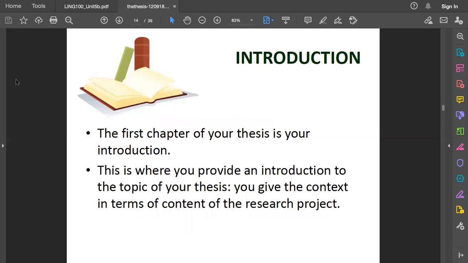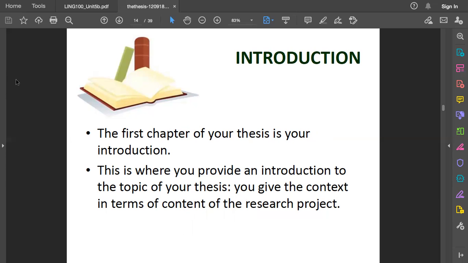So in the introduction, when I was writing the introduction, I got a tip from a co-teacher from last semester that when you write the introduction, you need to first have a general definition.